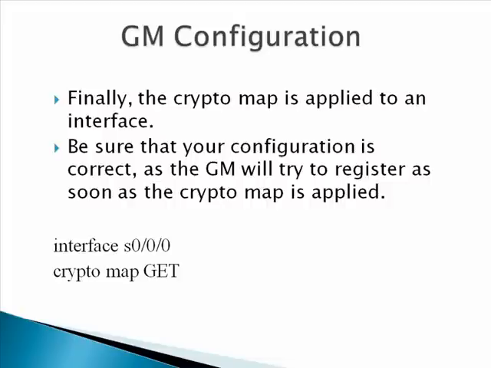Assuming that you've configured everything correctly, all of your ISAKMP policy matches up, your authentication is good, RSA SIGs are good if you're using those, you're going to get a pop-up message on the console that says registration for whatever key server complete, and at that point you can check your GDOI settings and try to maybe ping back and forth to see if things get encrypted.